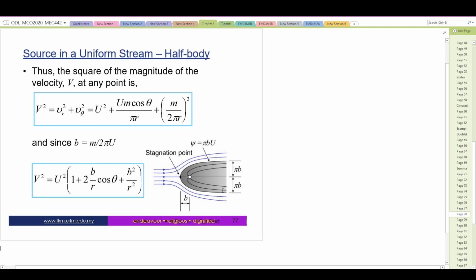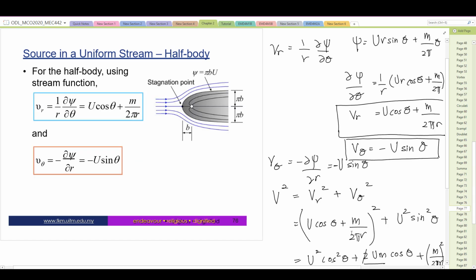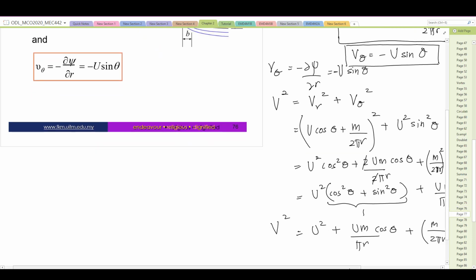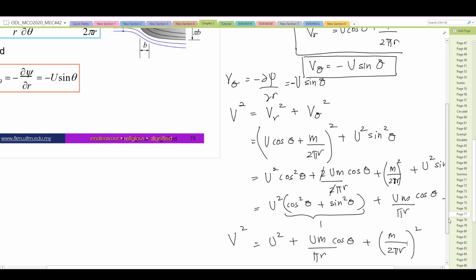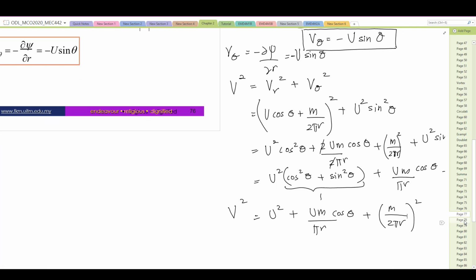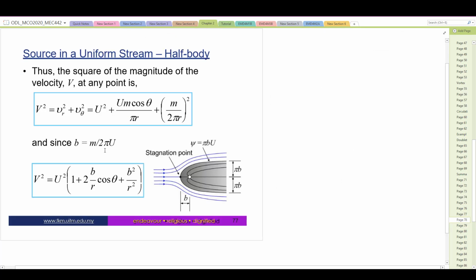It can be simplified in terms of the stagnation point, because from the previous slide you have defined b equal to m over 2 pi U. Based on that, after simplification you will get the last equation for the velocity: V squared equals free stream velocity U squared times 1 plus 2b over r cos theta plus b squared over r squared.